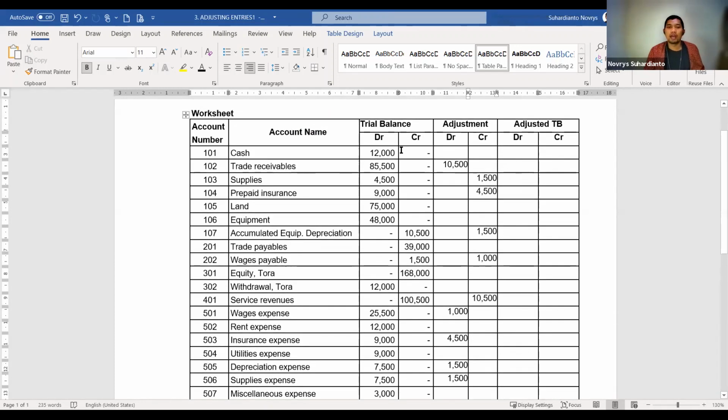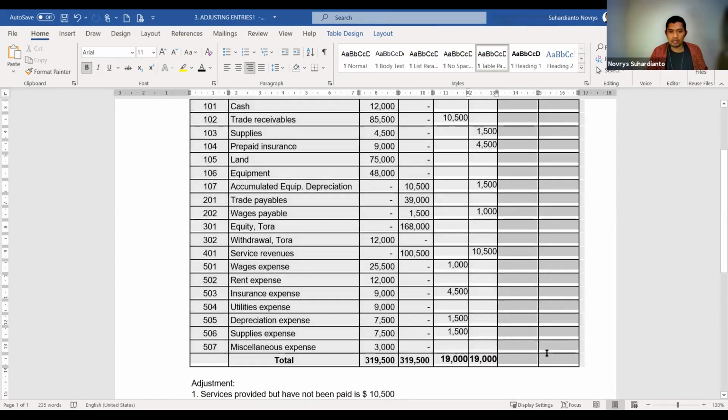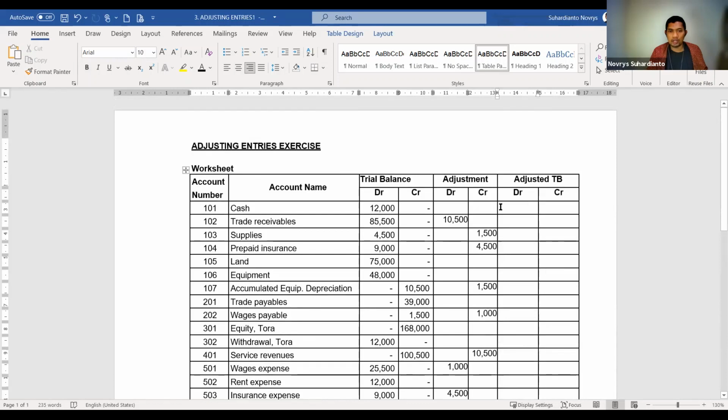Last, after doing the adjustment, I think you can add two columns in your own file. This is the additional column that I just added, where you can put the adjusted balance. For example, for cash, there is no adjustment, so I just move the balance there. Trade receivable, we have a debit balance of 85,500, and then we also have another debit of 10,500.